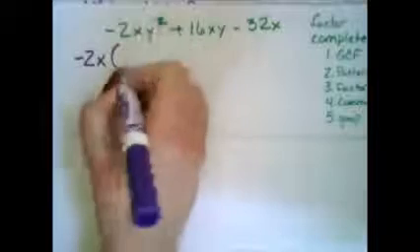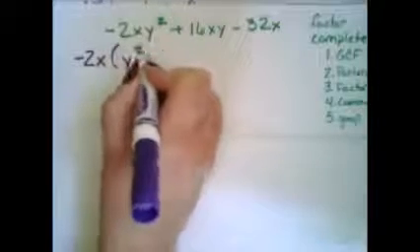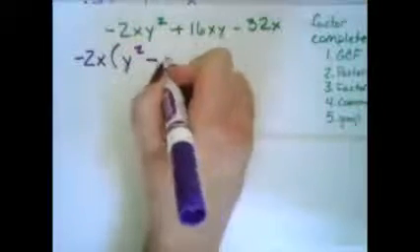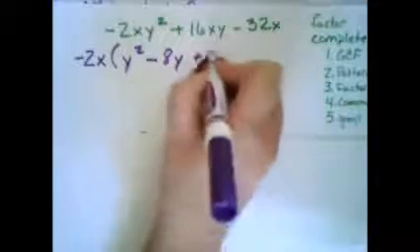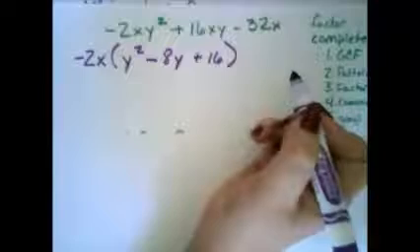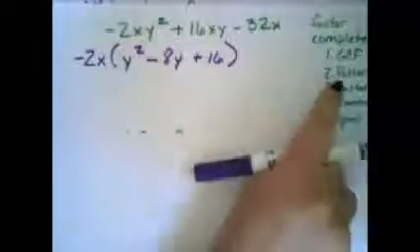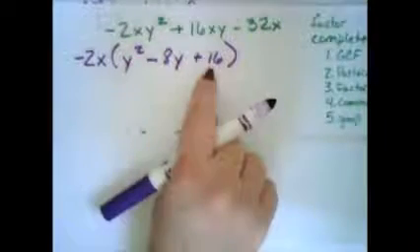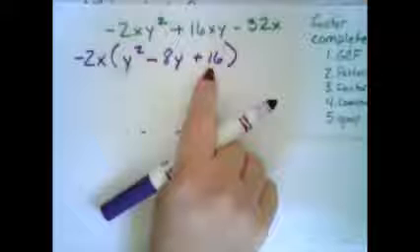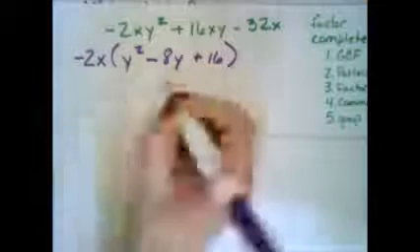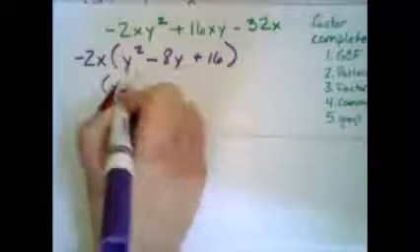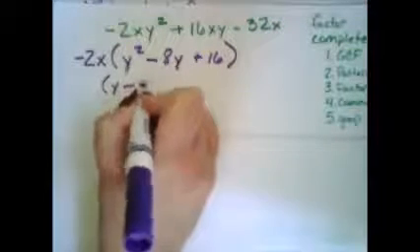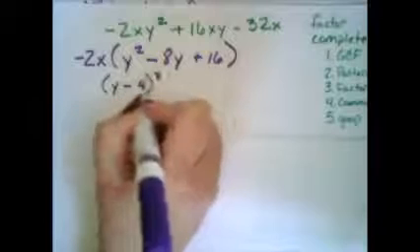If I pull negative 2x out, I've got y squared minus 8y plus 16. Now I'm looking for patterns. Well, I've got a squared here and a squared there. Is this a perfect square? If it's a perfect square, I'm going to look at y minus 4 to see if that works.